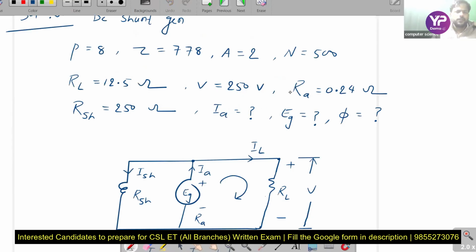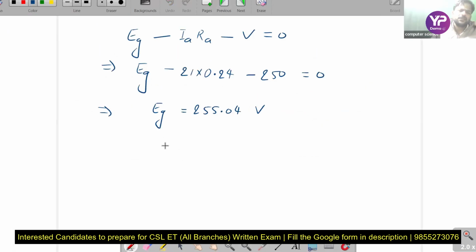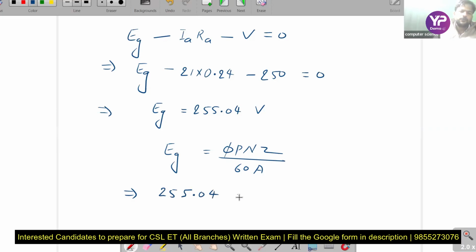Now we need to find the flux phi. To find phi, we use the generated EMF formula EG. We know EG equals phi PNZ upon 60 into A. Here EG is 255.04, and we need to find phi.